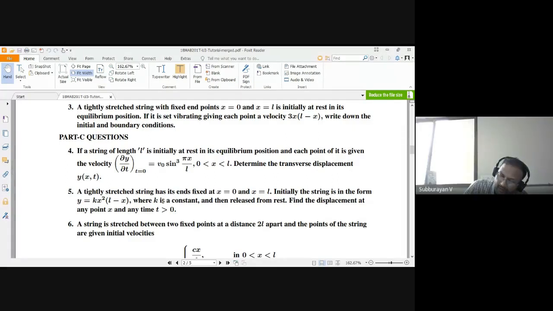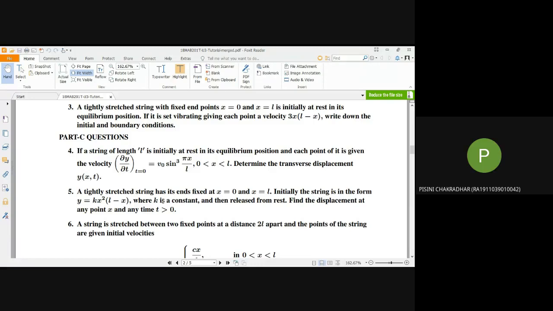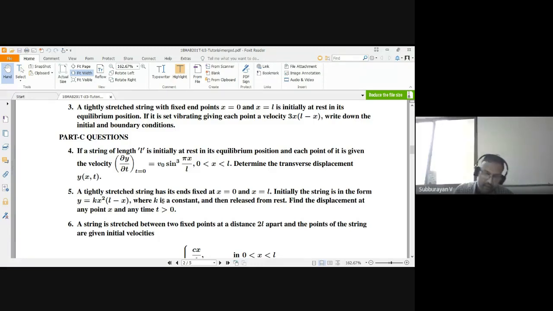Minus v0 by 4, and the other constants are 0. And we have the formula bn dash equal to bn into n pi c by L. Therefore, what is your b1?